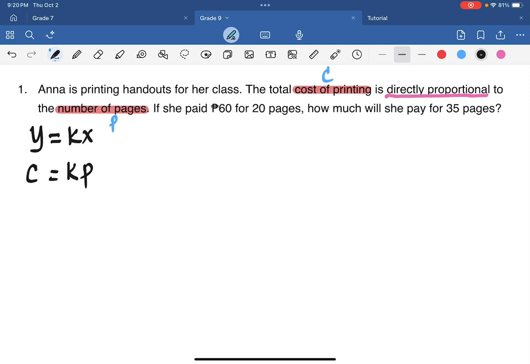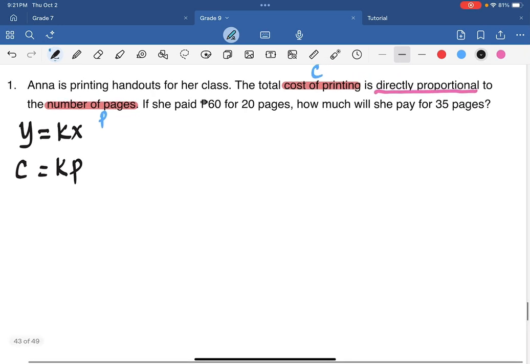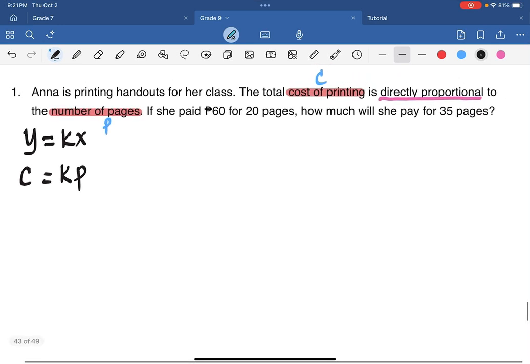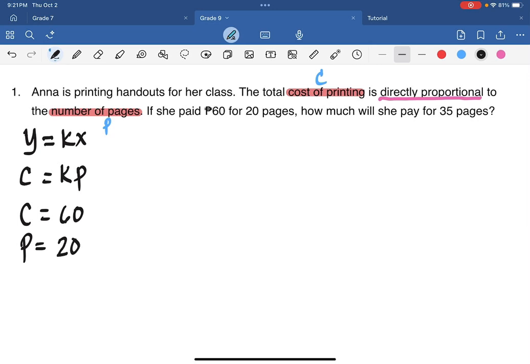Now, based on our given, for c, the cost, we have 60 pesos, and p is 20 pages. Our first step is to substitute based on the form of the problem. Now c is 60 equals k times 20.